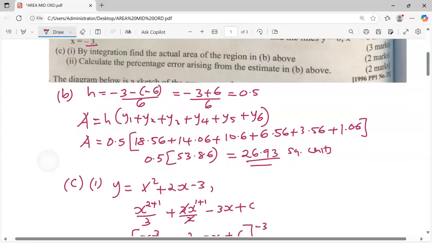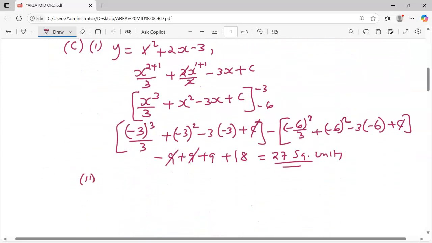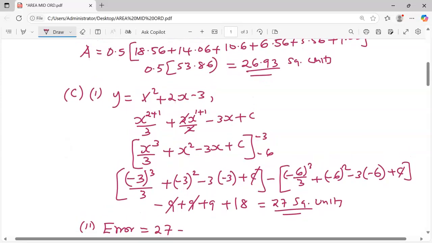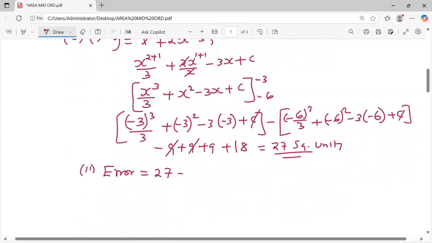Once we have gotten the exact area, part Roman 2 of the question wants us to calculate the percentage error arising from the estimate. For us to get the percentage error, first we need to get the error by taking the actual value of the area as 27 minus the approximated area using mid-ordinate of 26.93, and this one is going to give us 0.07.